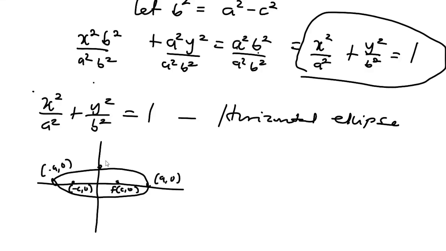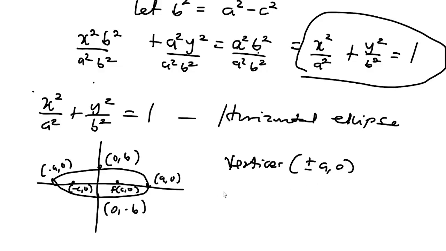The co-vertices, we have 0, b, then we have 0, negative b. So in this case, when it comes to this type of ellipse, when it lies on the horizontal axis, our vertex will be, what? Plus or minus a, 0.